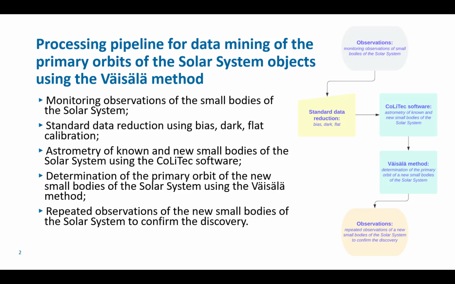On this slide, you can see a schema of the developed computational algorithm for determining the primary orbits and discovery of asteroids using the Väisälä method. In general, the developed algorithm consists of four main steps: data calibration, orbit determination, Väisälä method, and Kalytek software.